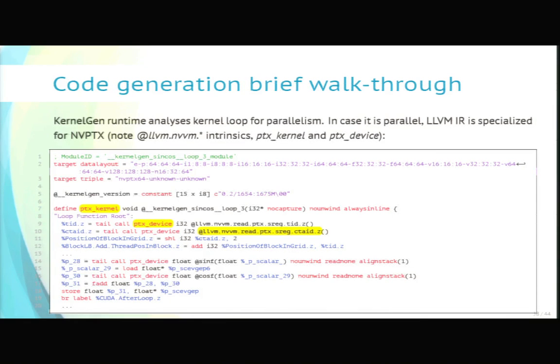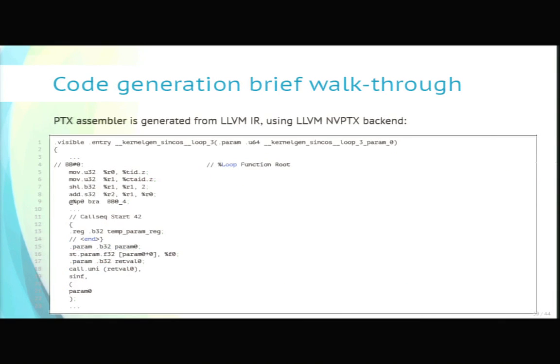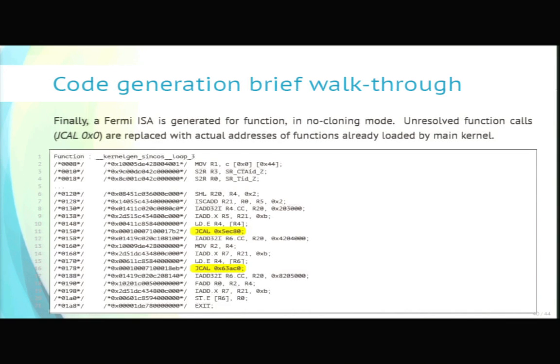For instance, you can notice here the PTX kernel, PTX device attribute, and a special NVVM intrinsic, meaning NVIDIA intrinsic, for obtaining the GPU compute grid position for the current thread. So once we have this final LLVM IR, the backend converts it to PTX, and PTX is finally converted to the device assembly for GPU.